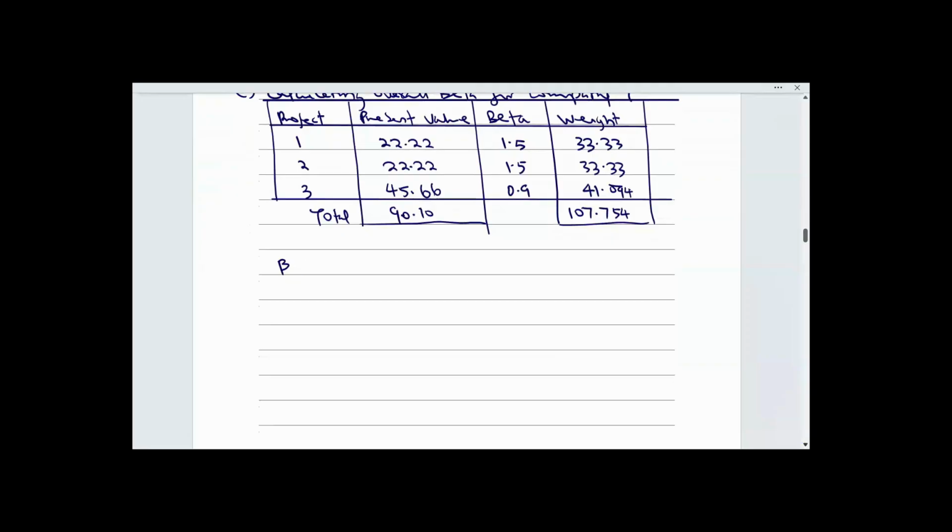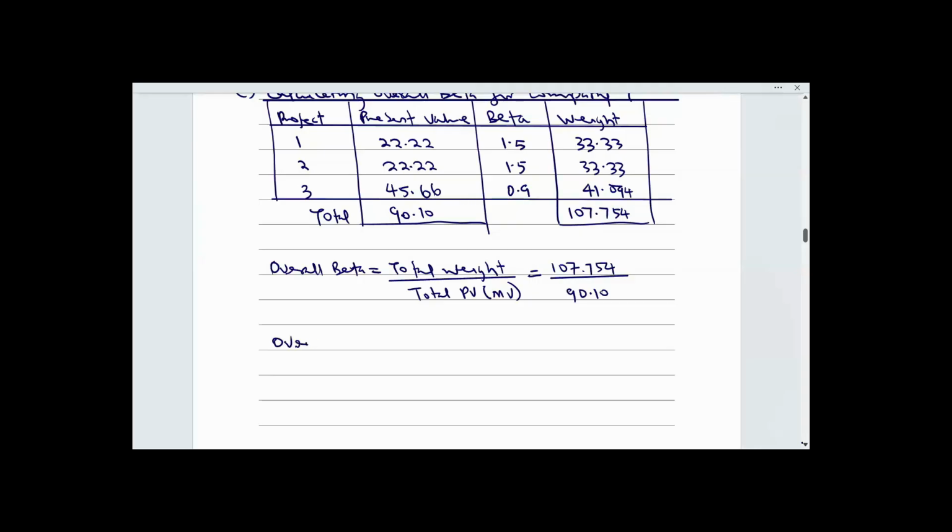Let me use B. Overall beta equals total weight divided by total market value, which is the same thing as present value, equals 107.754 divided by 90.10.